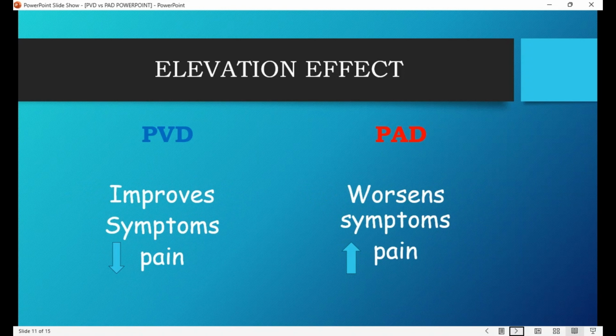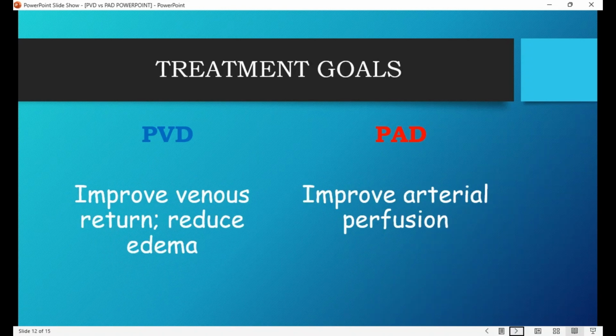Elevation effect. In PVD, elevation usually improves symptoms. So if you elevate your feet, you're going to have a decrease in pain. If you elevate the feet with PAD, the symptoms often worsen, which means you're going to have an increase in pain. Treatment goals.